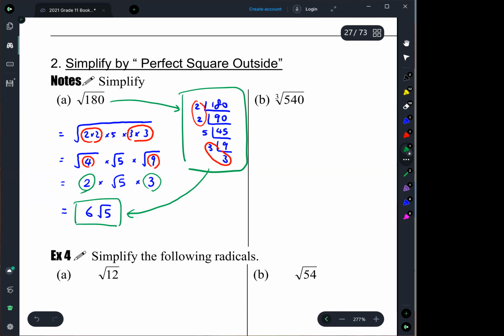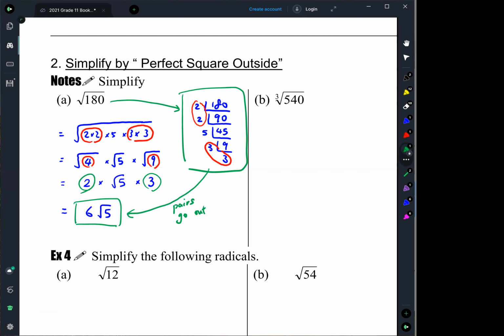You can skip the steps in the middle. Just by reading the chart, you can tell what is able to go out. Only pairs. Pairs go out, outside the radical, put it in front. So 2 goes out, 3 goes out, they multiply together to make the 6.